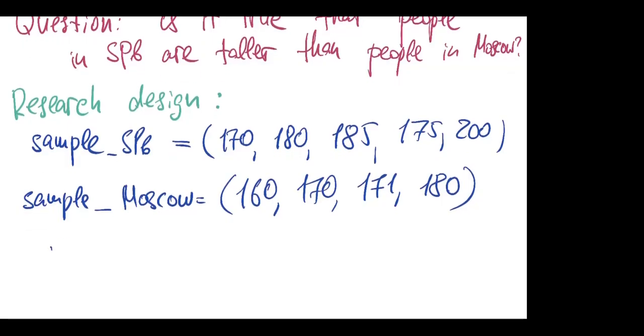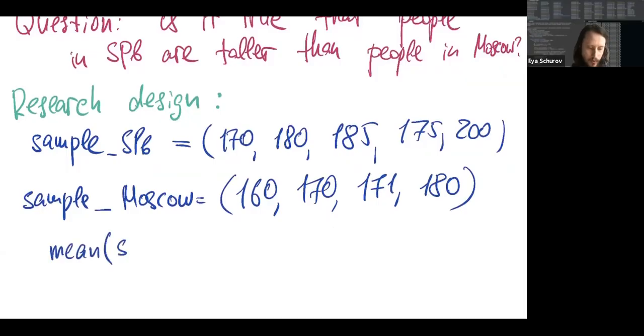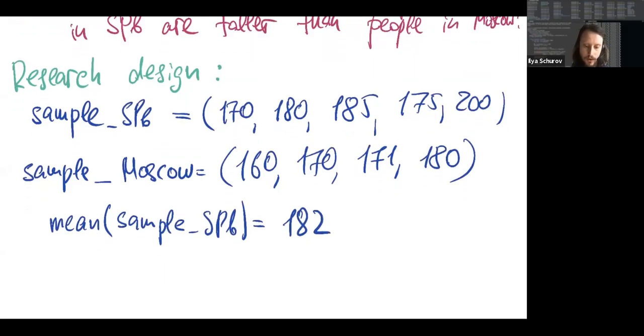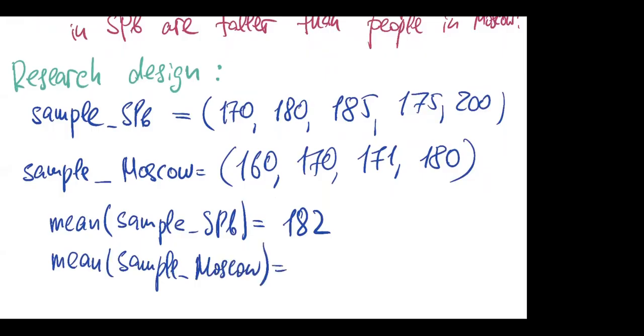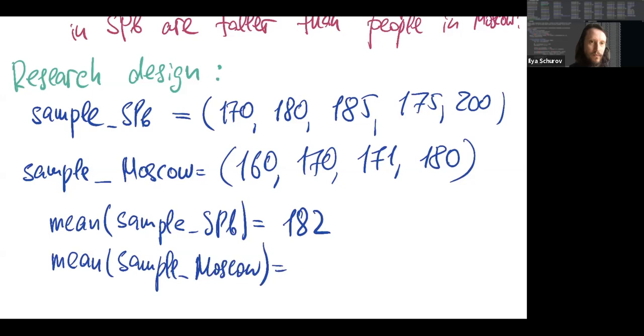So sample mean of sample SPB in this case for this particular numeric values is 182, and for Moscow this is 170.2.